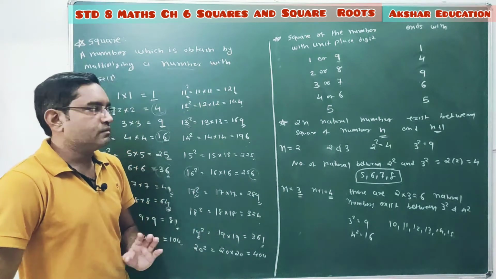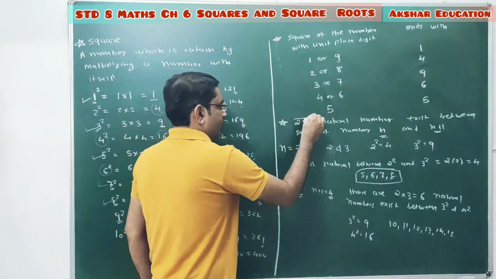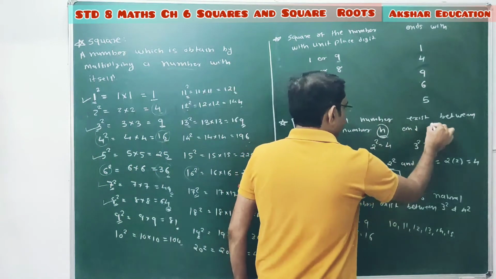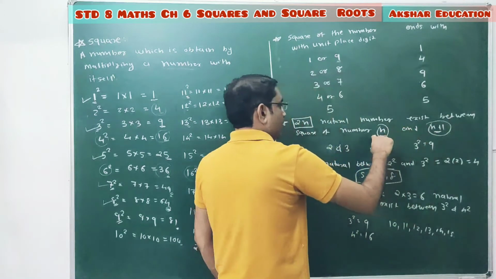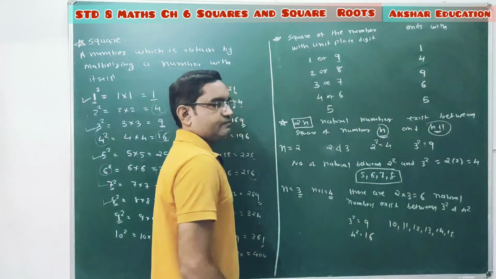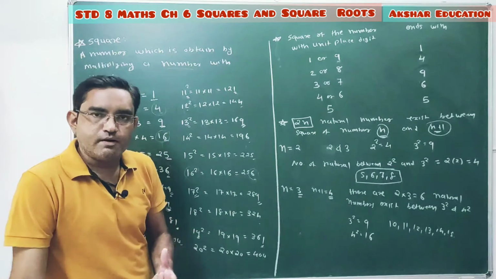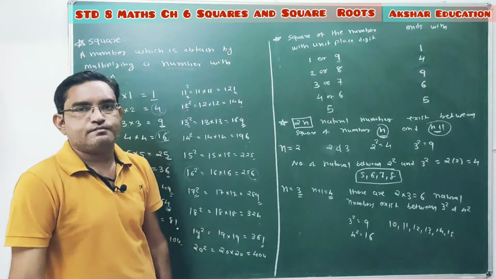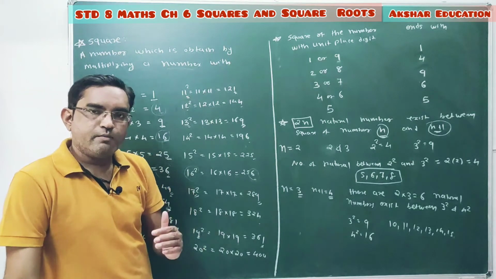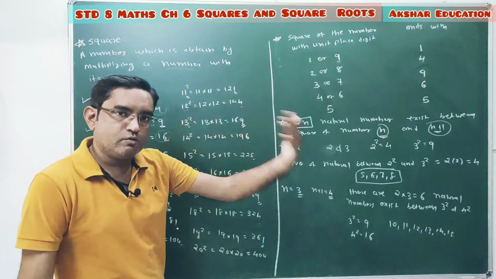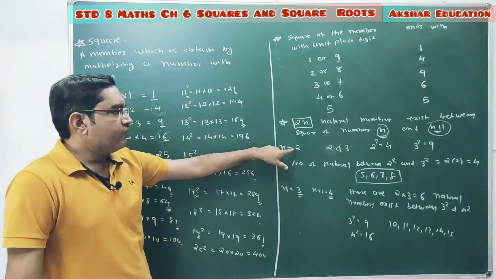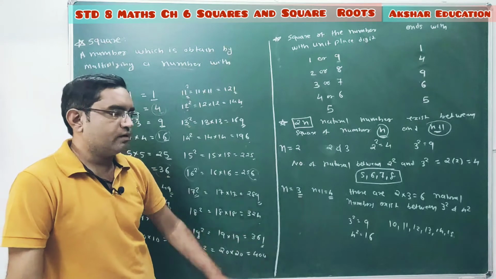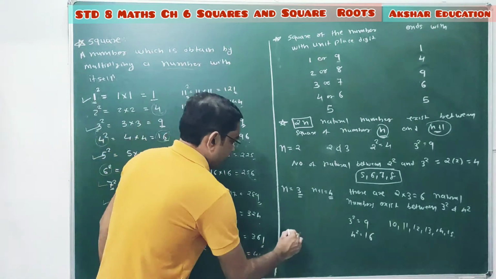So this is how you can find the number of natural numbers between the squares of two consecutive numbers. There are 2n natural numbers between the square of n and the square of n plus 1. Two consecutive numbers means one number and then the immediate next number. Suppose you are taking n equal to 5, but these are small numbers. Suppose you take n equal to 20.